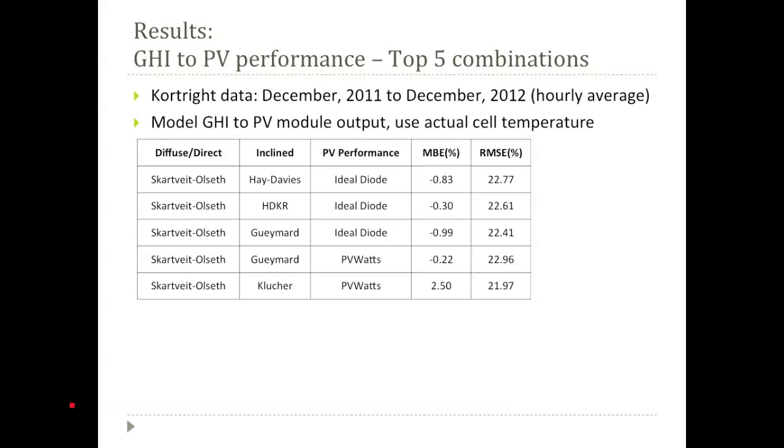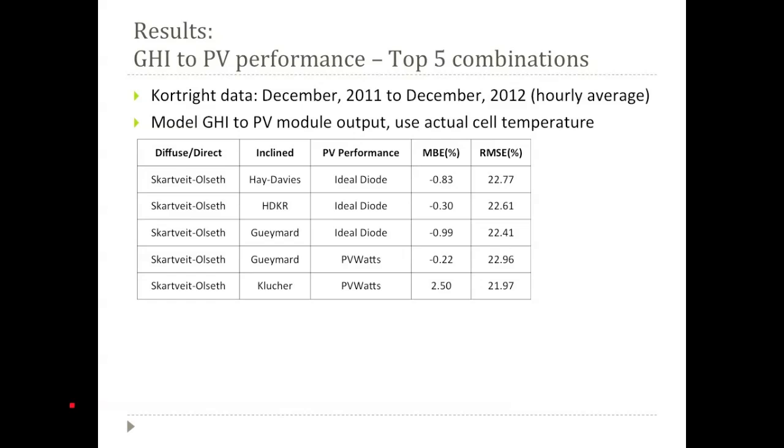And you can kind of take your pick with the inclined surface models. And then for the PV performance models, it's the ideal diode and the PV watts that tend to do the best. Overall, the modeling performance isn't great. It's not terrible, but 22 or 23% is somewhat lower than you'd be hoping to get really accurate results.